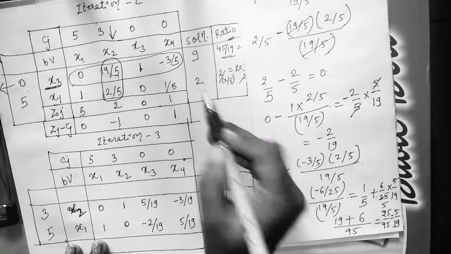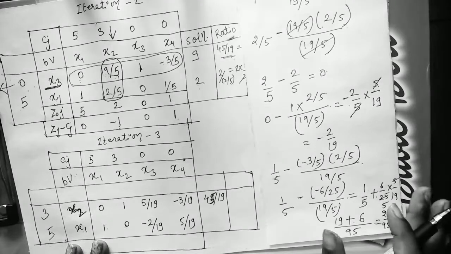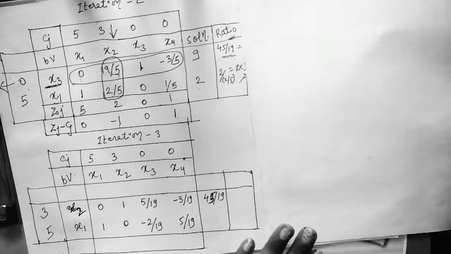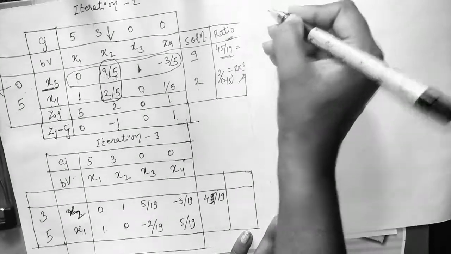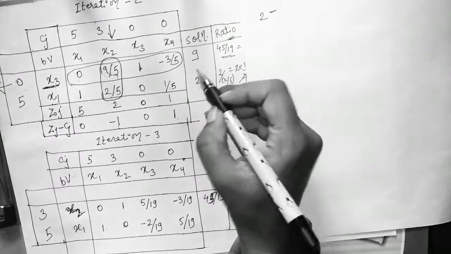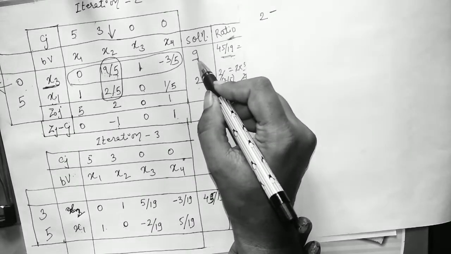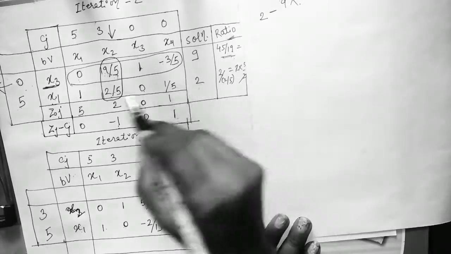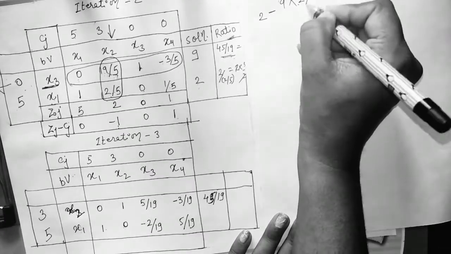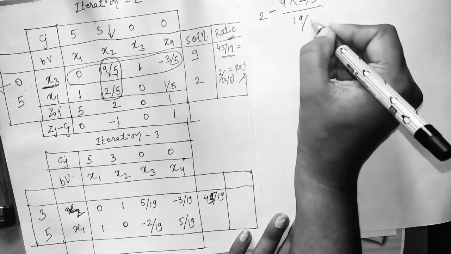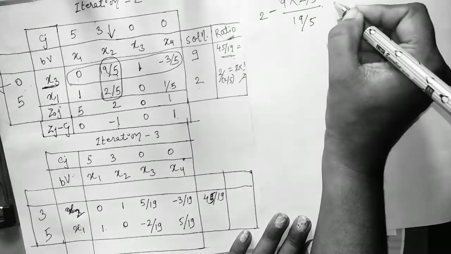For this, the old value is 0. So for calculating this, the old value is 2 minus the corresponding key row element, which is 9, the corresponding key column element, which is 2 upon 5, and the key element, which is 19 upon 5.